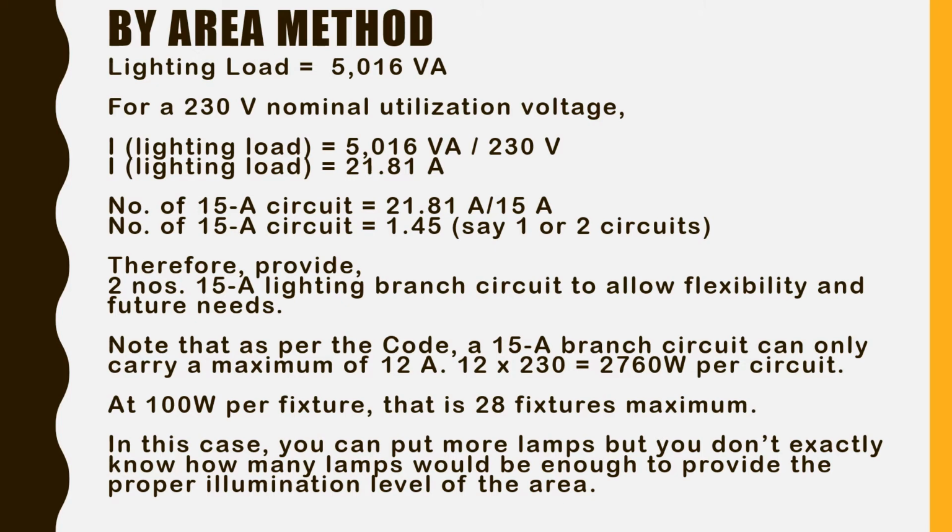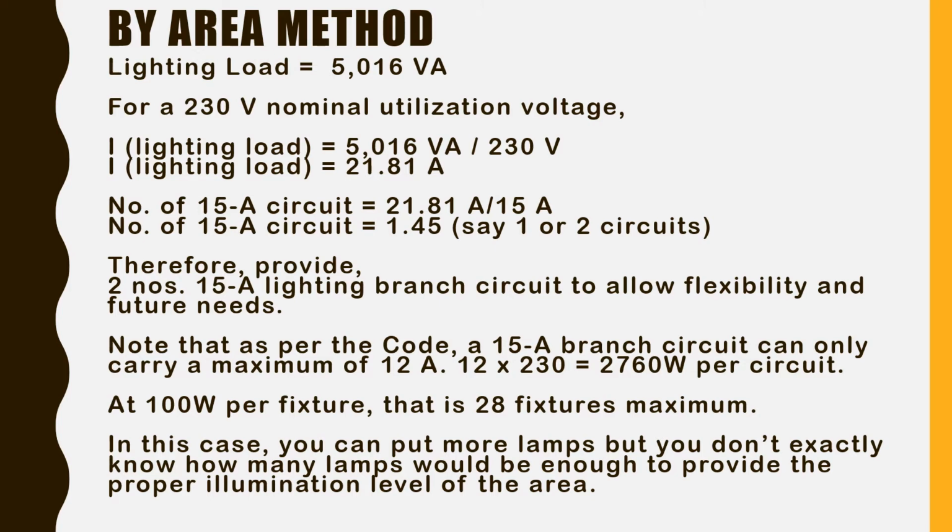So 2760 divided by 100 is 27.6, or let us make it 28. So it will be an even number. So we can plot it in the drawing also, because we cannot plot an odd number of lighting fixtures in the area. It will be odd. So let us always make it even numbers.